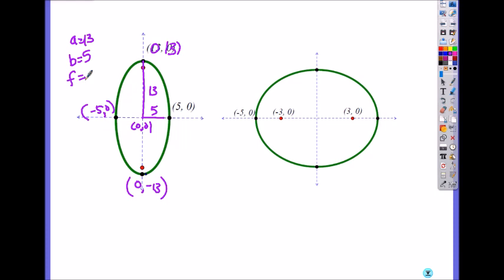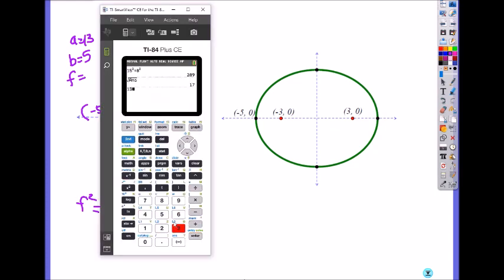Now you're looking for F. So what was the formula again? F squared equals 13 squared minus 5 squared. So what's 13 squared minus 5 squared? 144.